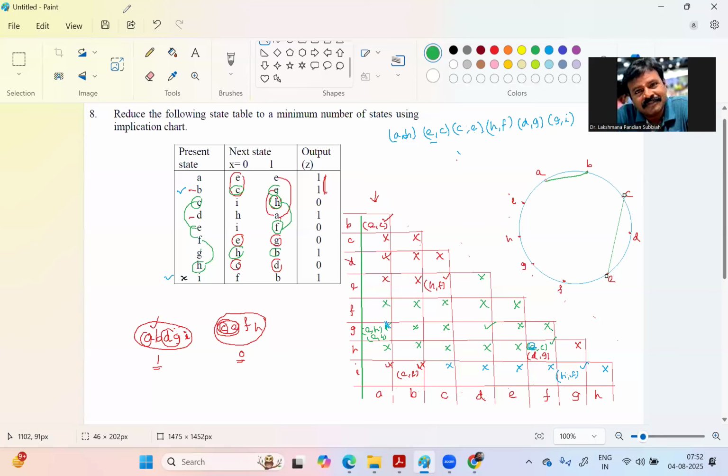Then HF, H and F. Then we have DG. Then DG is over. Then GI. Then DI over, GI over.